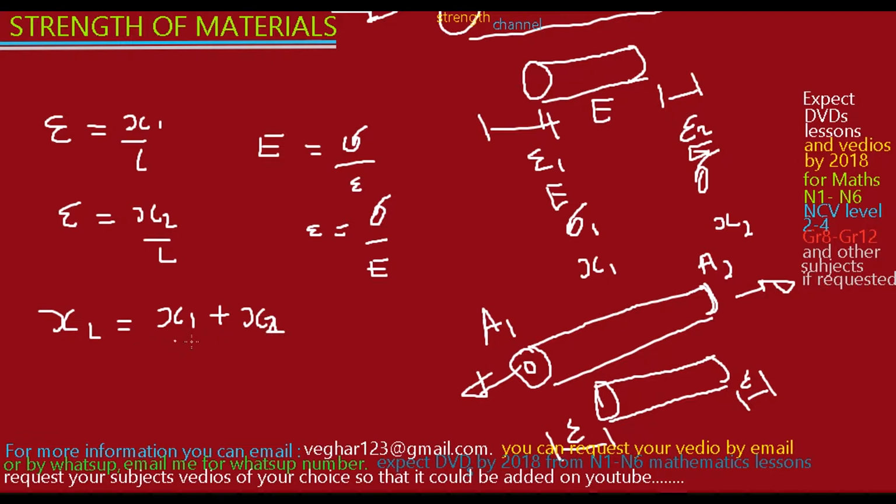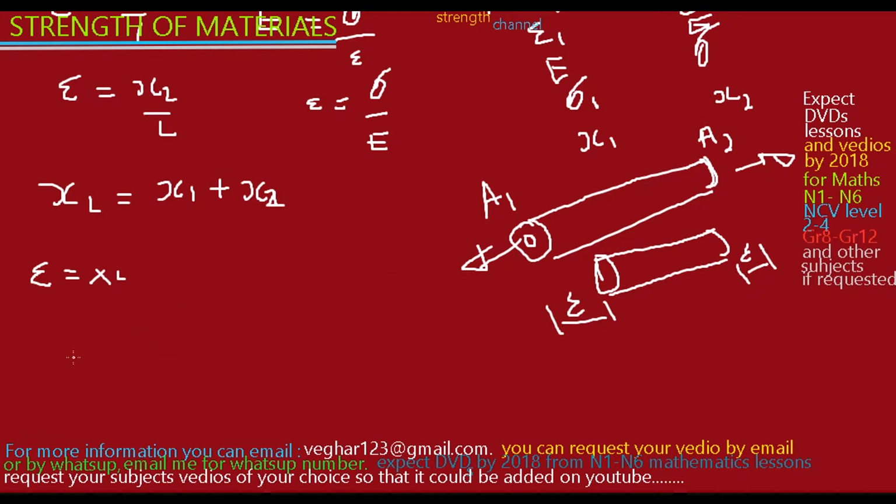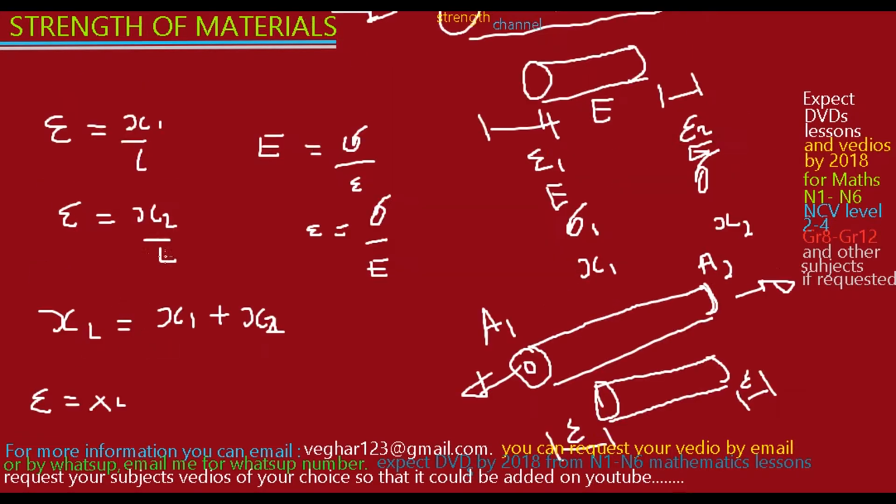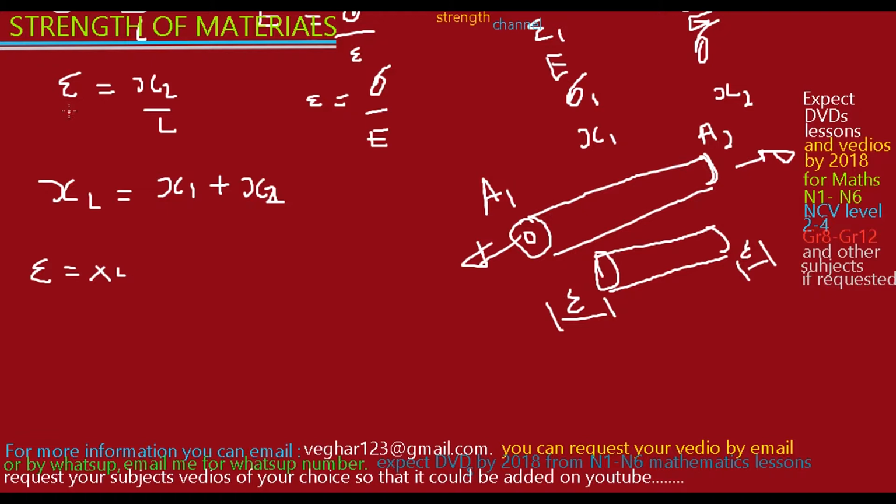So for the extension, you have to use this equation. How do you get this equation? This total means we'll add the parts. What do we have here first of all? Let's calculate this total, it's the same as this.